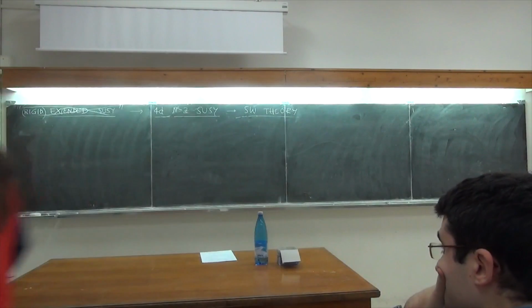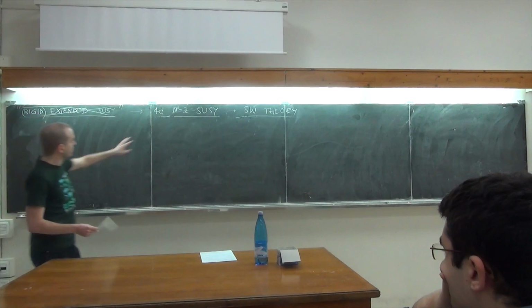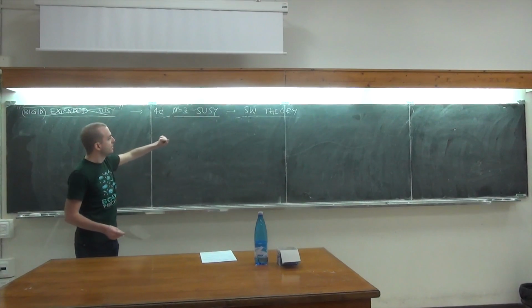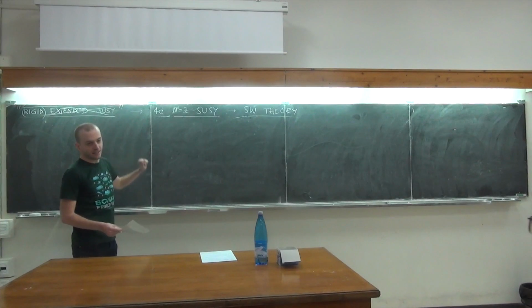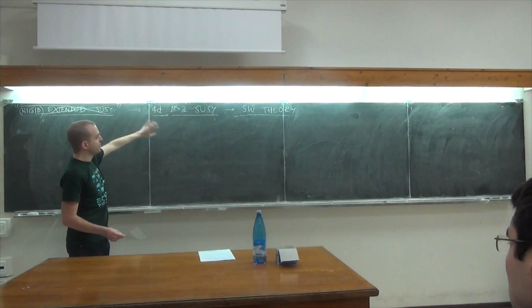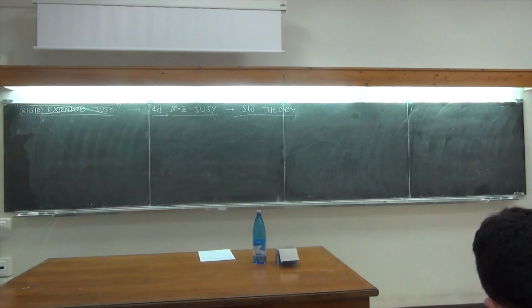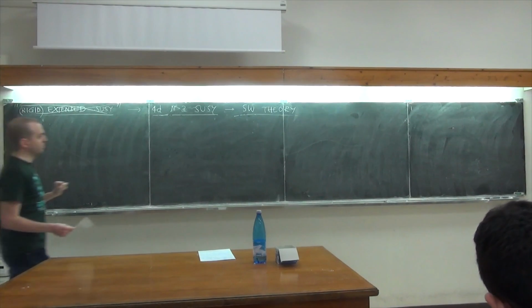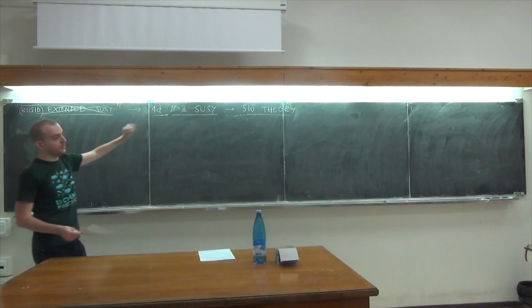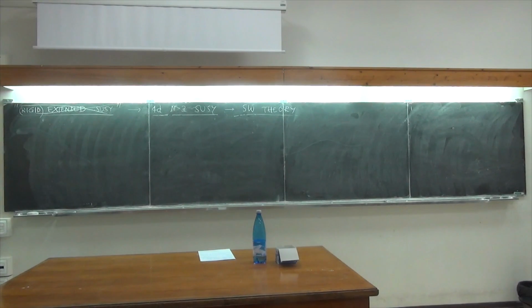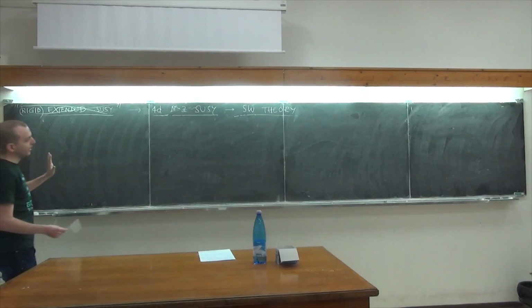So there is plenty that could be said about 4-dimensional N=2 supersymmetric theories, both of the Lagrangian type that I will discuss here, and also the non-Lagrangian kind of theories, which have become more popular in the last few years because we started to learn many things about them.